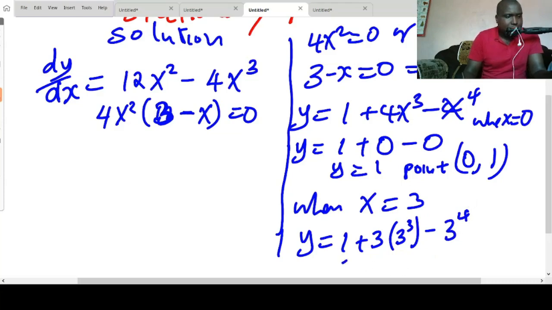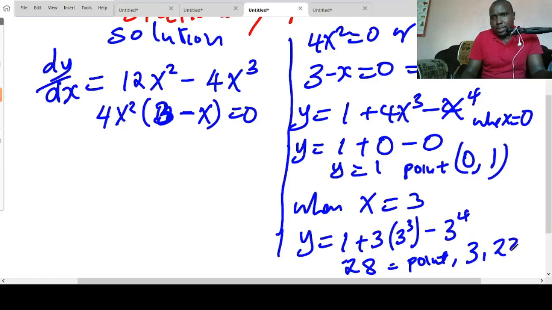And this one will give us 27 times 4 minus 81. That is 1 plus 27... this one is going to be 28. So the point will be x, which is 3, 28.